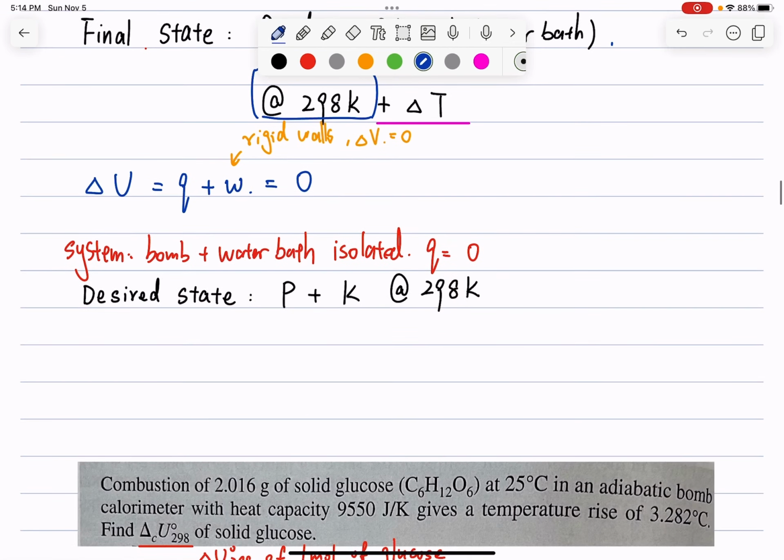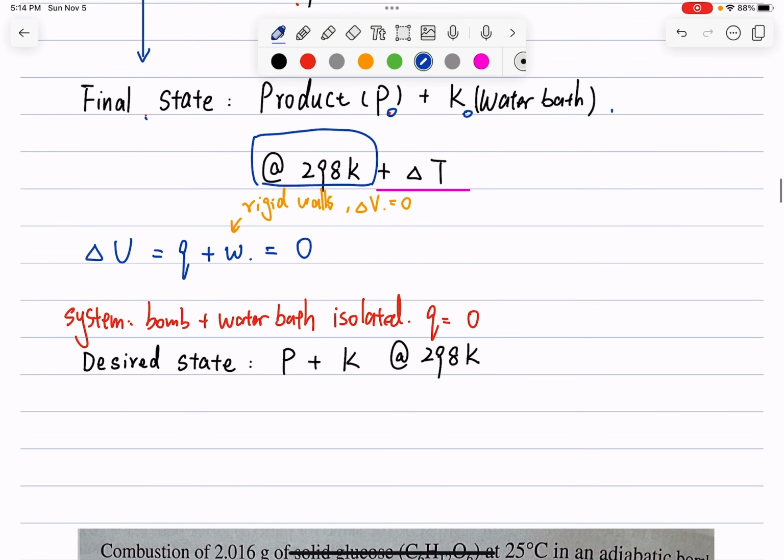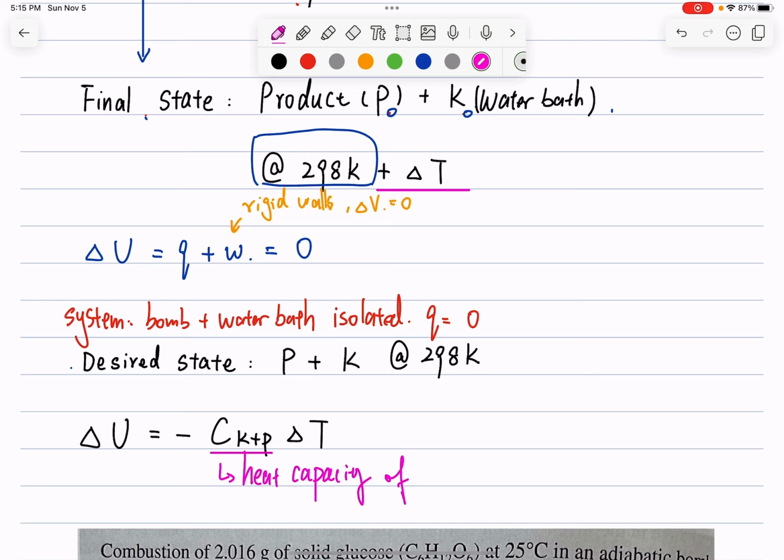So we take into consideration the final state and our desired state using the relationship that the change of internal energy equals negative C_K plus P times delta T. Here C_K plus P is the heat capacity of your water bath plus product.